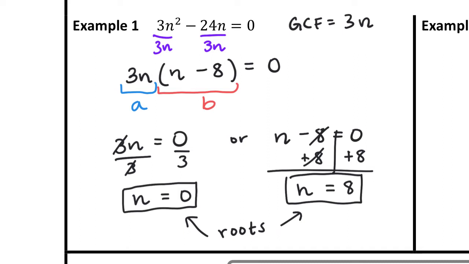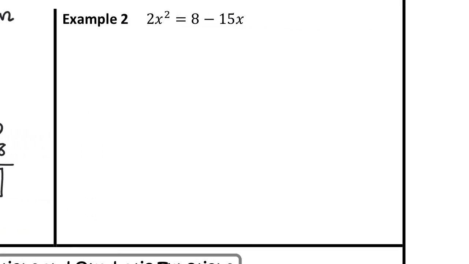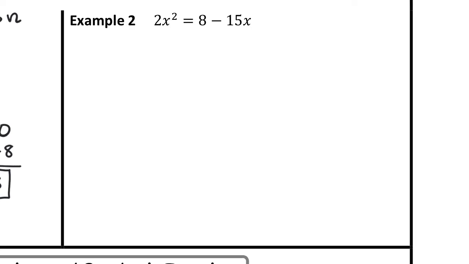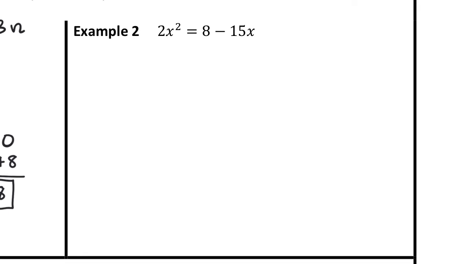Right, let's go over to example 2. So first thing, ask yourself, is everything moved to one side? If not, then I have to move things. And I usually like to keep the squared term positive. Since it's already positive 2x squared, I'm going to move these two to the left.